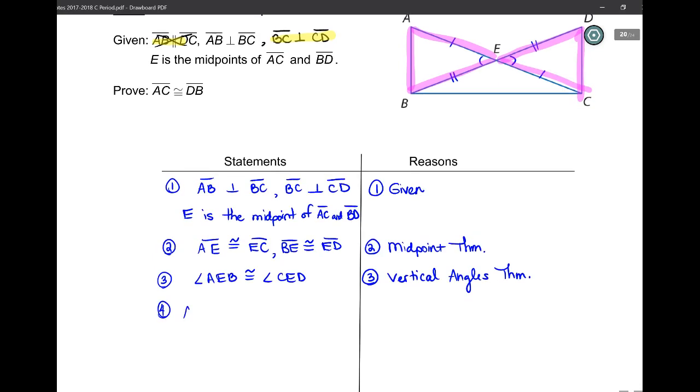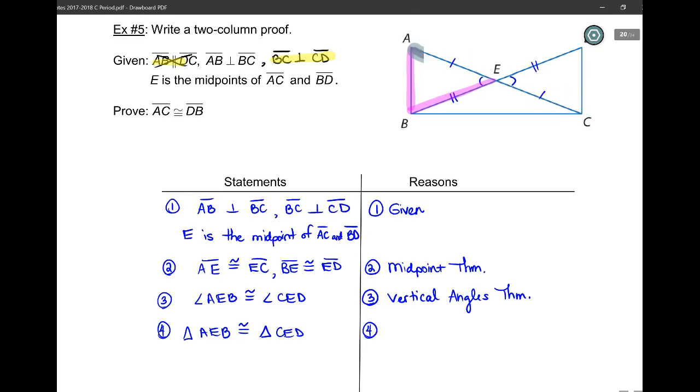So triangle AEB congruent to triangle CED. And if I look at the markings that I have here, I have side, angle, side. Now the reason I want to get those two congruent is then their corresponding parts are congruent.